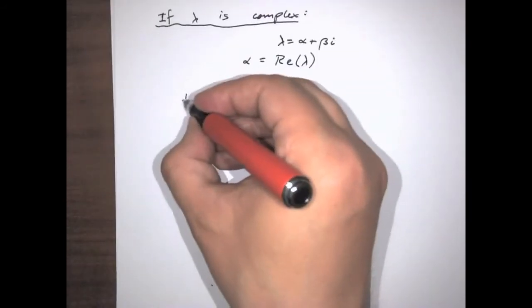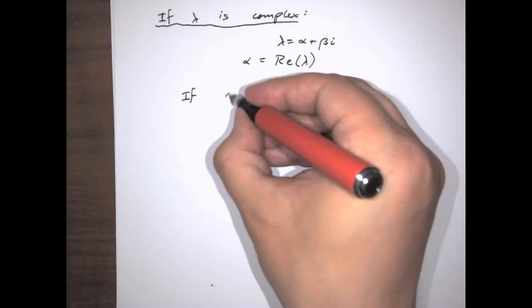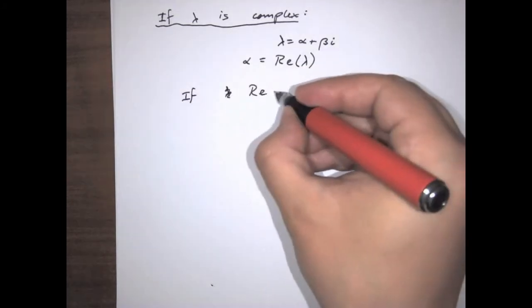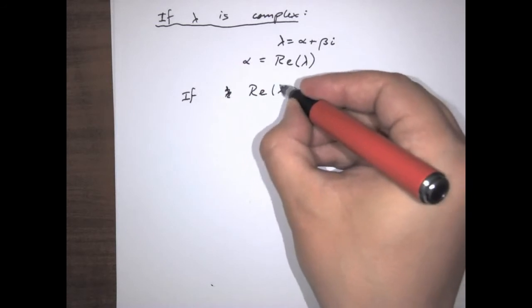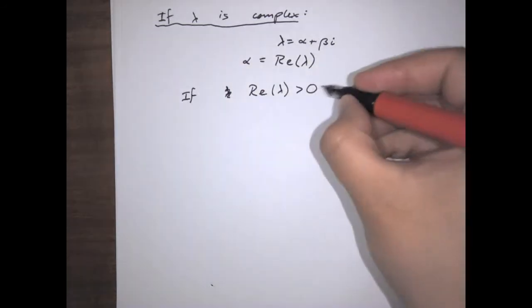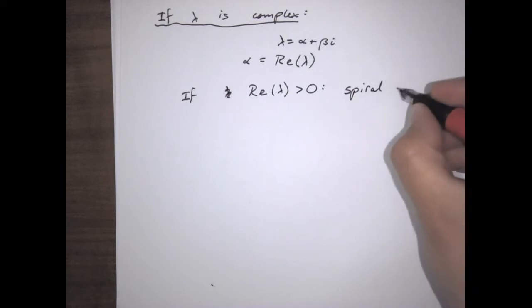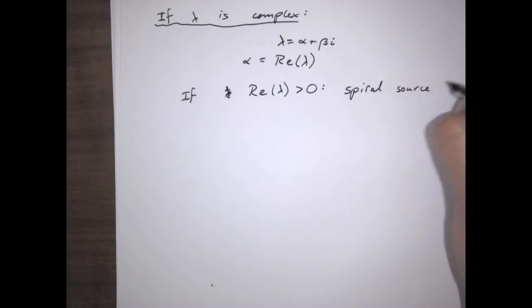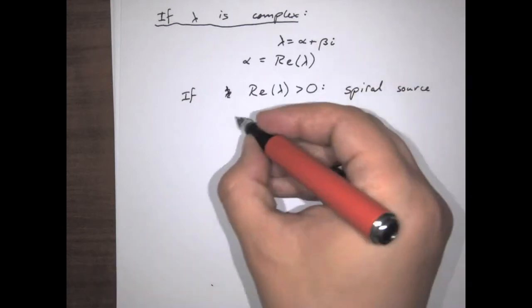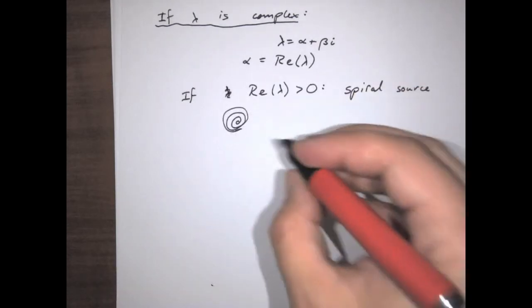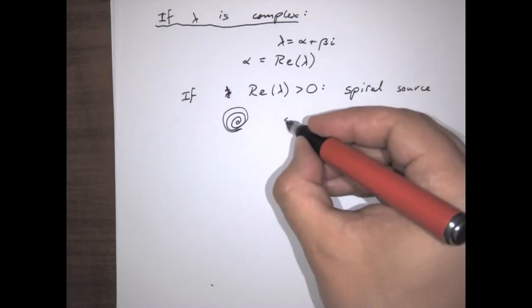Then if the real part of lambda is greater than 0, what we have is a spiral source, and these are true sources in the sense that they go around like that. Or maybe it's more elliptical.